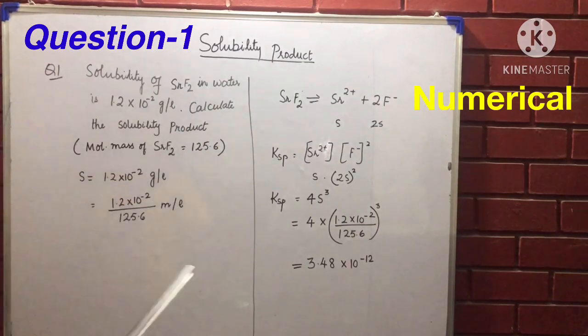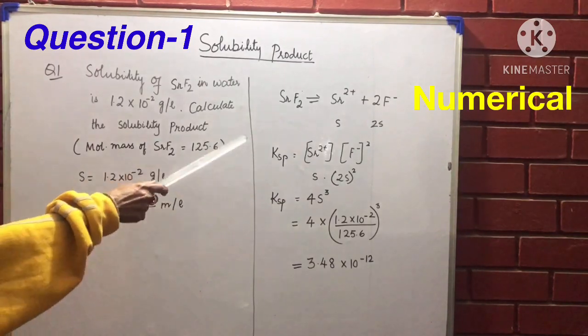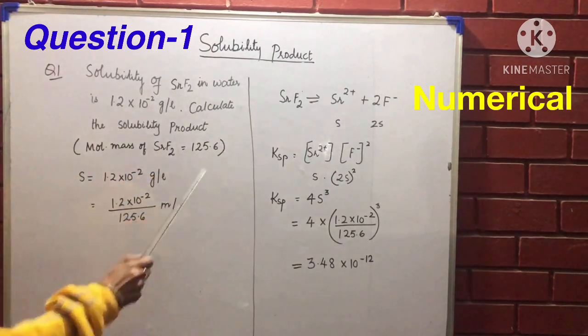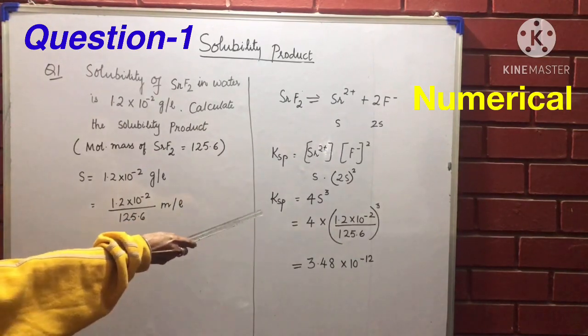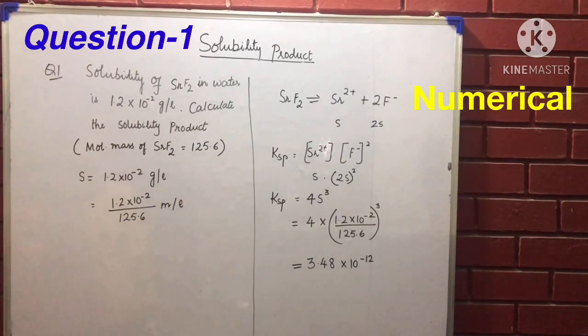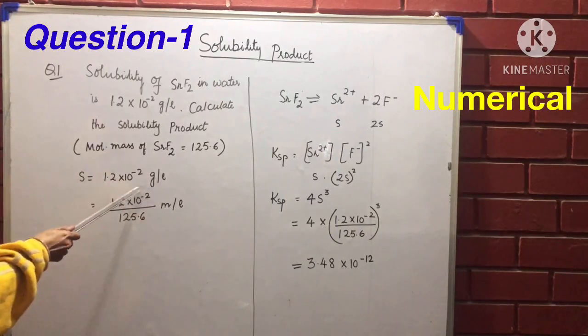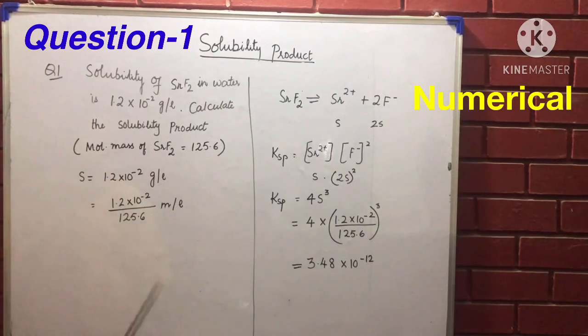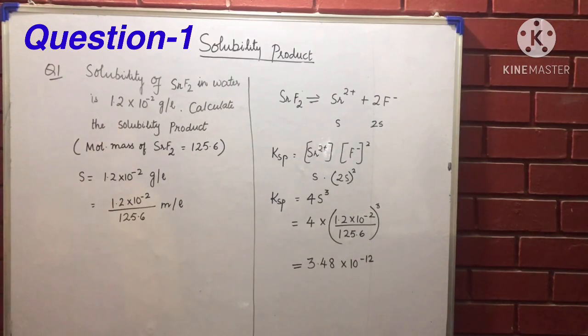Again, we'll find out the formula of strontium fluoride. So S, and here 2S. Multiplying both of them, I get the formula as Ksp is equal to 4S cube. Now substitute the value. S is given to you here. 4 multiplied by this value gives you the answer of Ksp as 3.48 into 10 to the power minus 12.